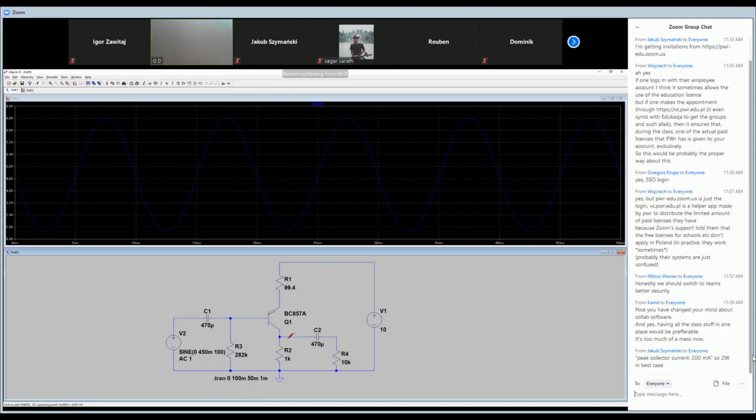However, you have to remember this is only a simulation. The real world is a little bit different. However, if you build our circuit in that form, it will work in real life. The current will also be in the range that we calculated.